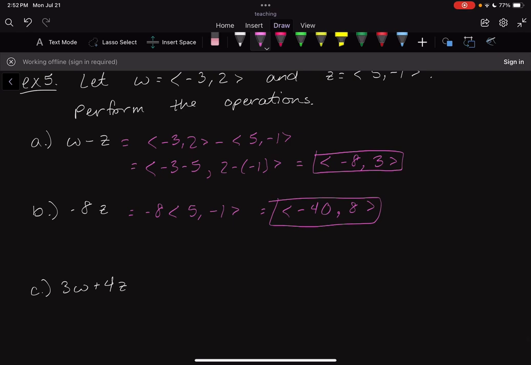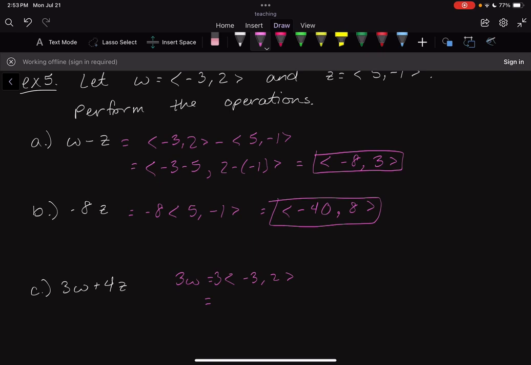With part C, we can do it in pieces. So 3W, I would do 3 times the W vector, not matrix. I said the wrong thing. Vector. A matrix is a bunch of vectors together.